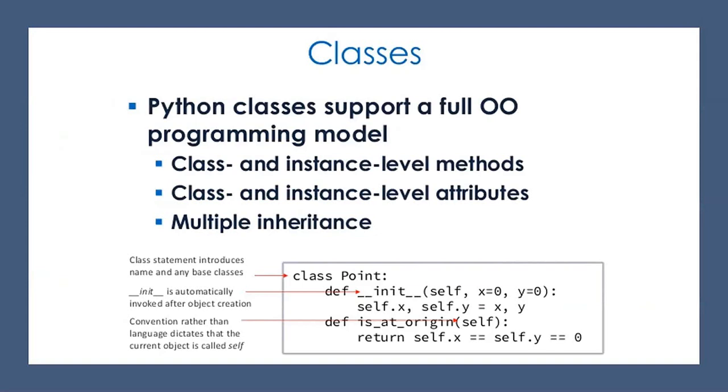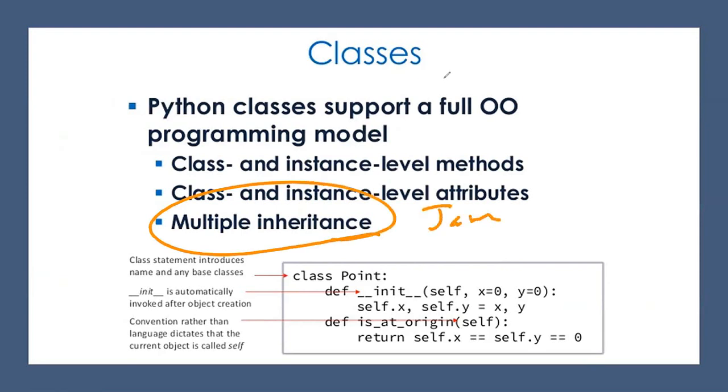Python classes support a full object-oriented programming model. So we have class-level and instance-level data and methods. The instance method you accept, and it allows multiple inheritance, different from Java.